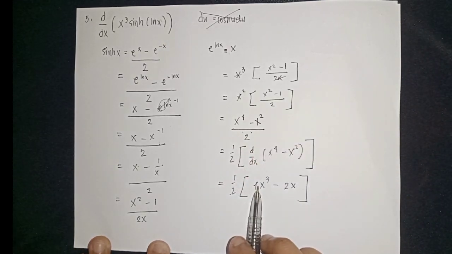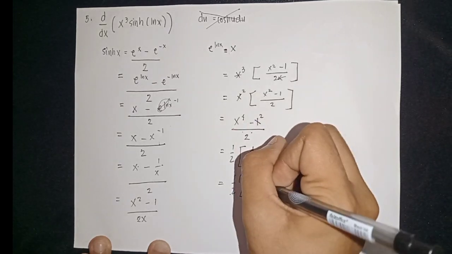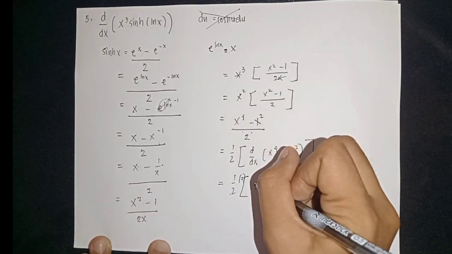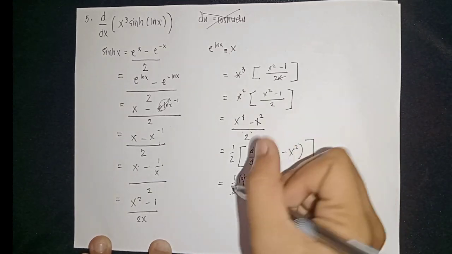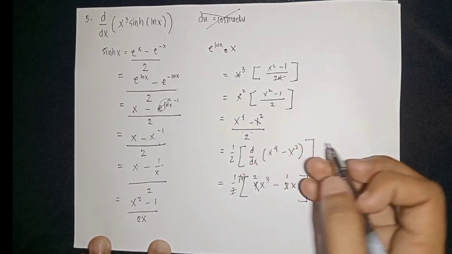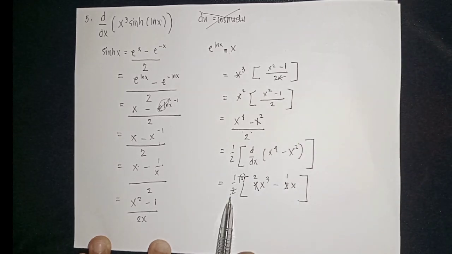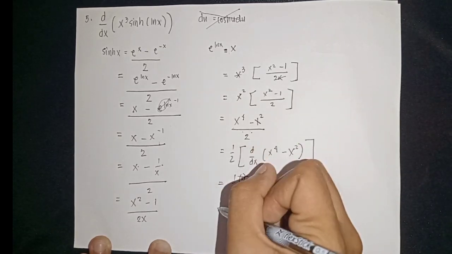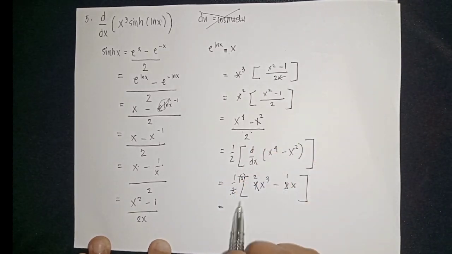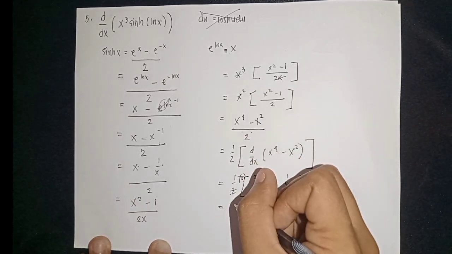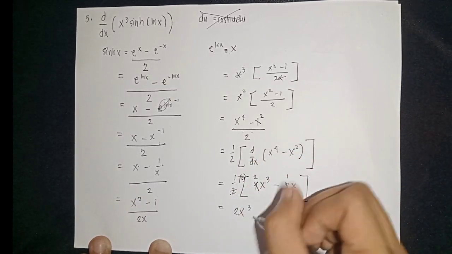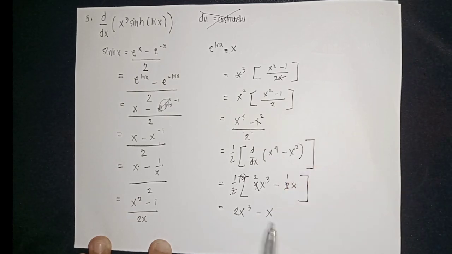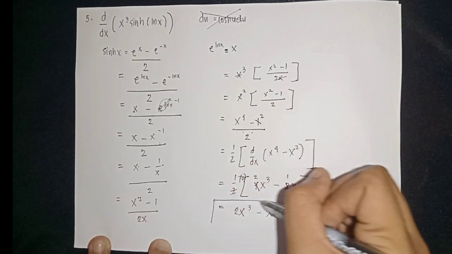So we cancel out the 2 and the 4, and also the numerator and denominator of 2 and 2. So it all cancelled out. So it is equal to 2x cubed minus x. So this is our final answer.